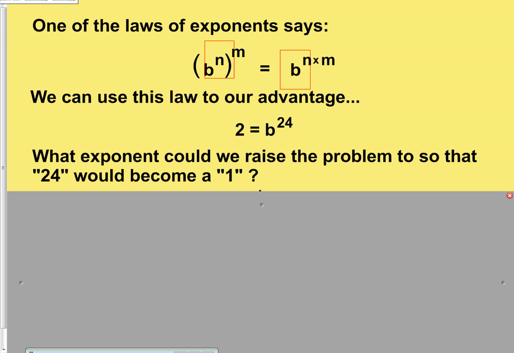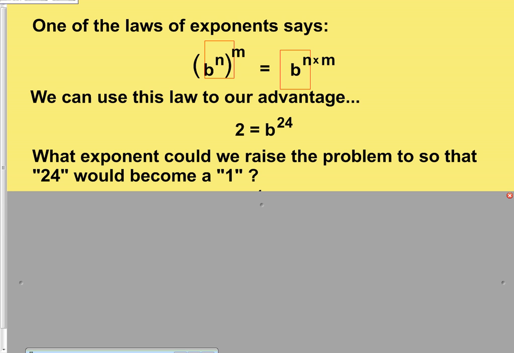So what exponent could we raise the problem to so that 24 would become a 1? Now, keep in mind that exponents are going to multiply times other exponents. So if we raise this to a power, our new power will multiply times this existing power. So what could you multiply 24 by in order to cause that 24 to become a 1?